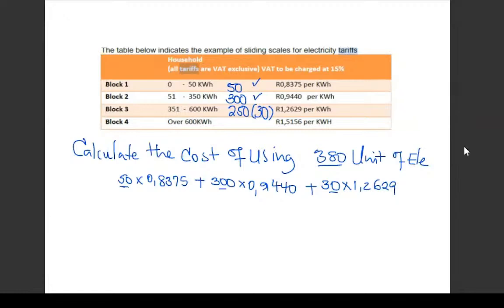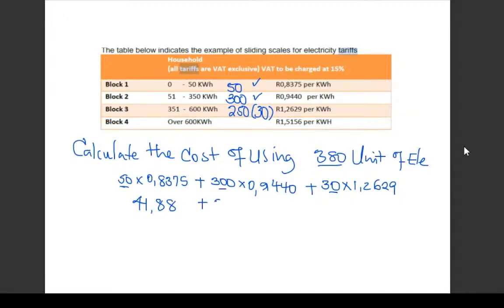When you multiply 50 times 0,375, what do you get? You have the answer, 41,88 plus 300 times 0,944. What do you get?